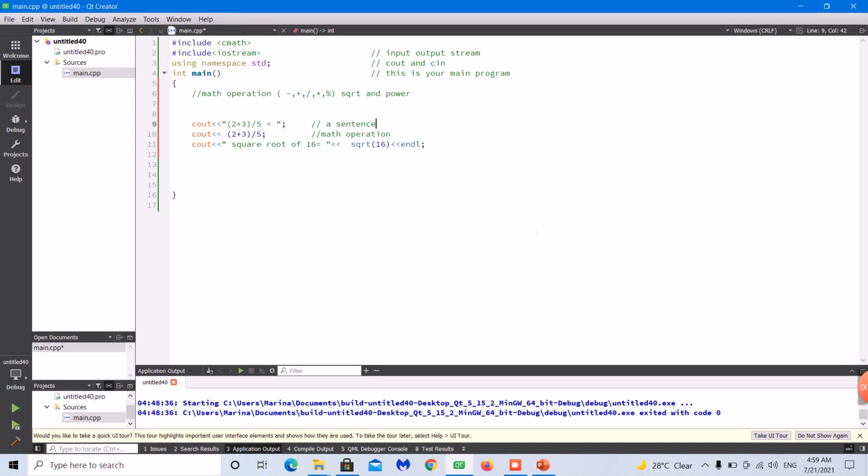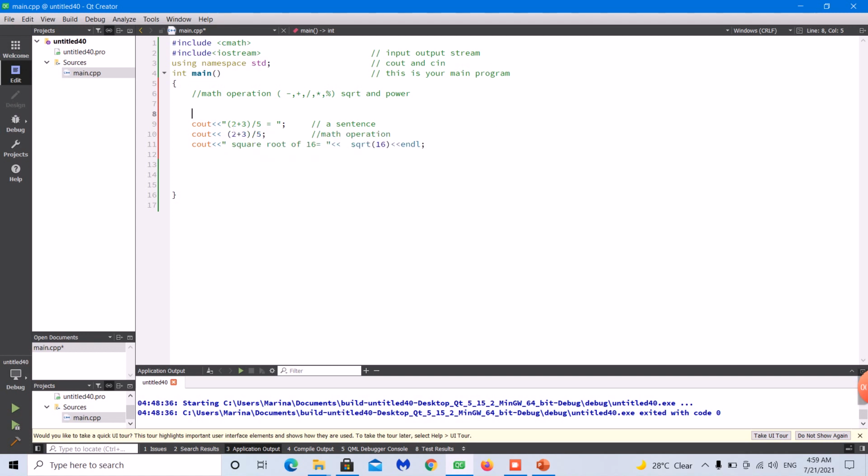So the compiler can do some mathematical operations like the plus, minus, divide, times or multiplication, and the modulus, if you know the long division, the square root, and the power. So let's try, for example, the plus.